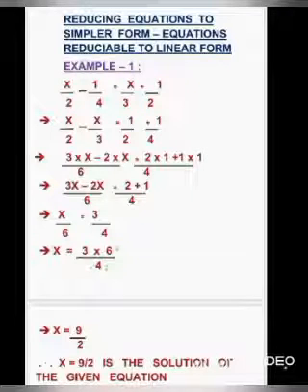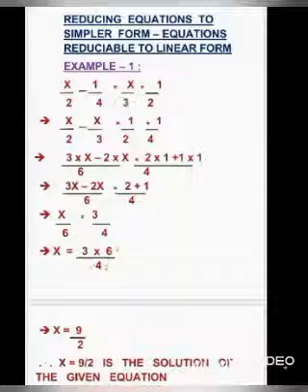Example 1 is x by 2 minus 1 by 4 which is equal to x by 3 plus 1 by 2. First what we have to do, children, bring the like terms, that is variables on one side and constants on the other side of the equation, isn't it? So first let us transpose x by 3 to the left hand side.